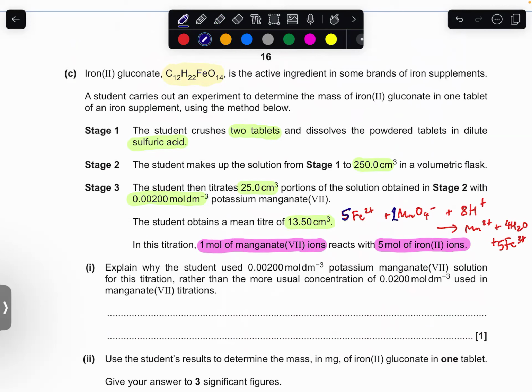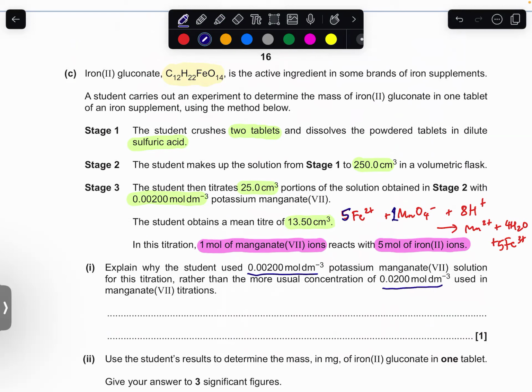It's asking, explain why the student uses this concentration rather than the more usual concentration used in manganate titrations. Why is the student using this one?